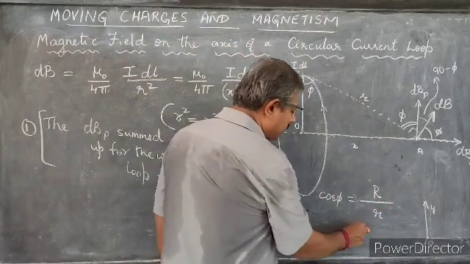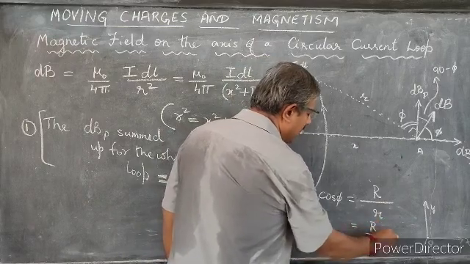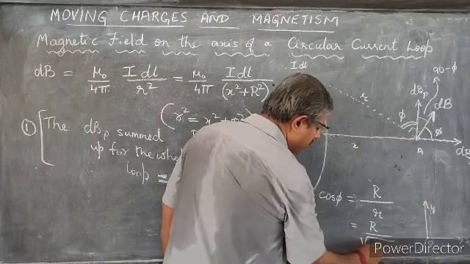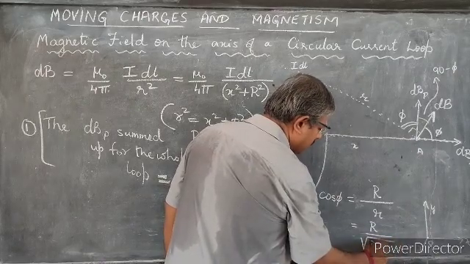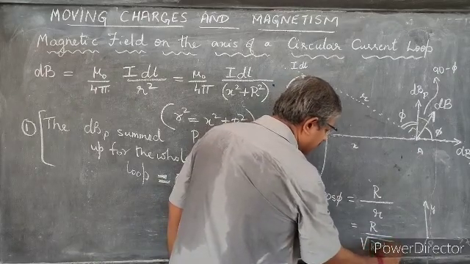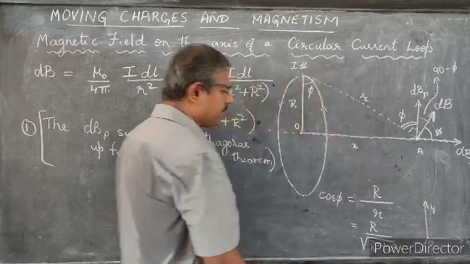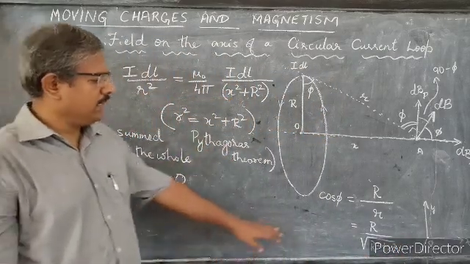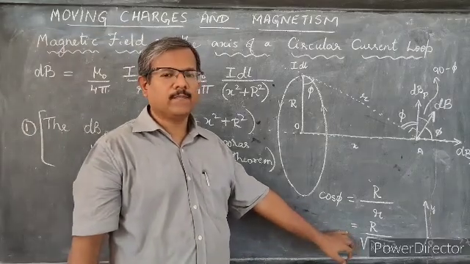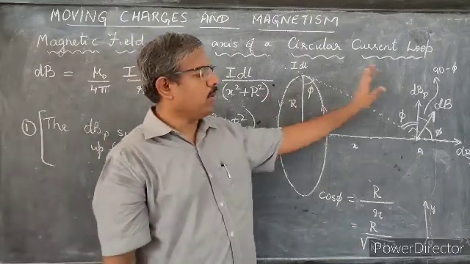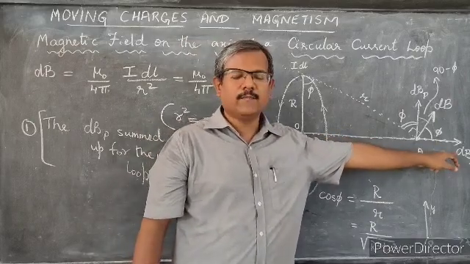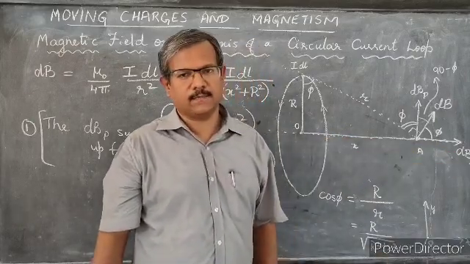And we already know small r is nothing but square root of r square plus x square by the Pythagoras theorem. So we'll just keep this in mind as we try to sum up all the values at point A for the magnetic field along the x-axis.